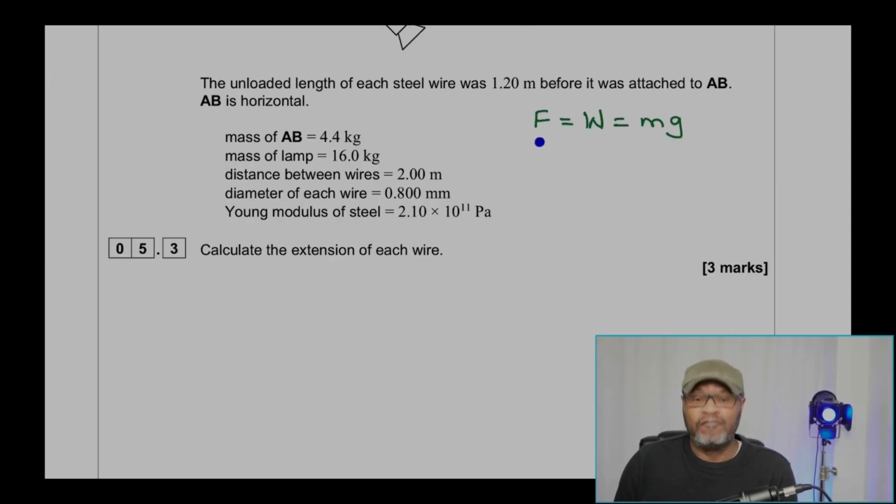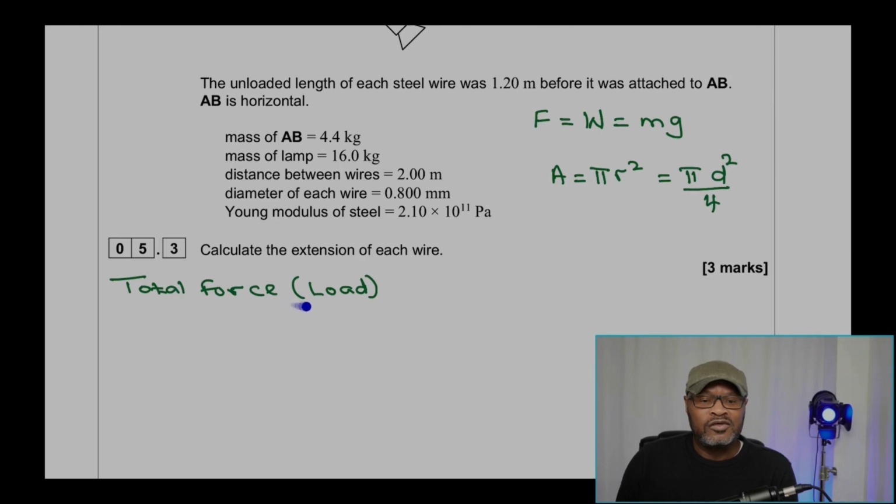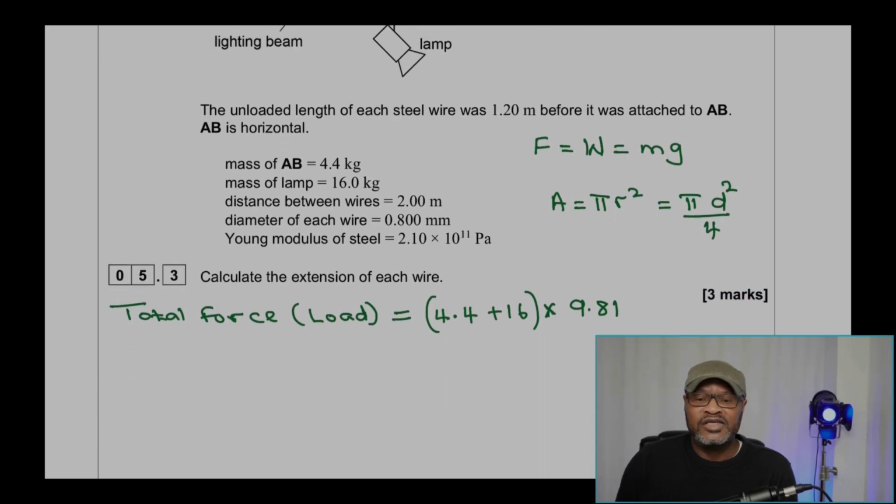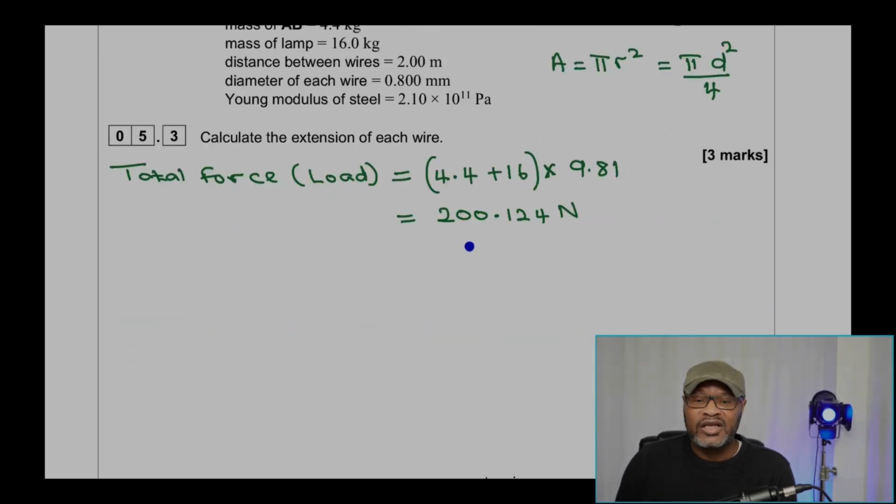So we know that force is equal to weight in this case, which is mg. Area is pi r squared, which can be written as pi d squared over 4. The total force or load will be equal to the mass of AB plus the mass of lamp times the gravitational field strength, and that will be 20.124 newtons.